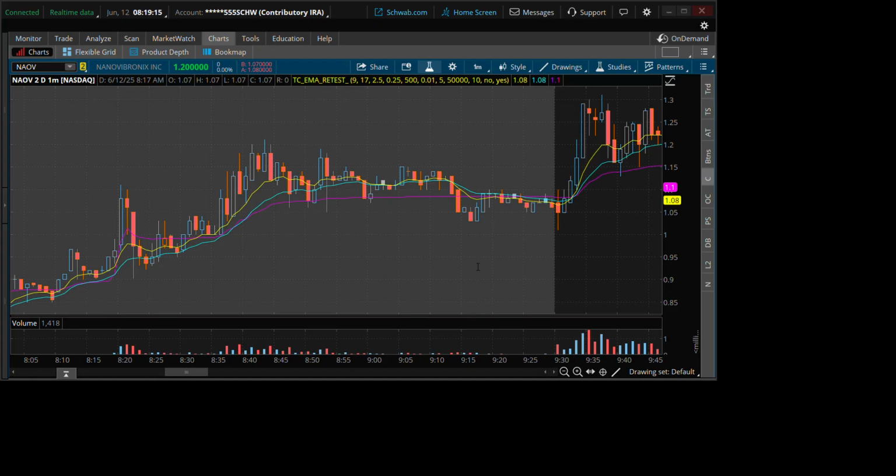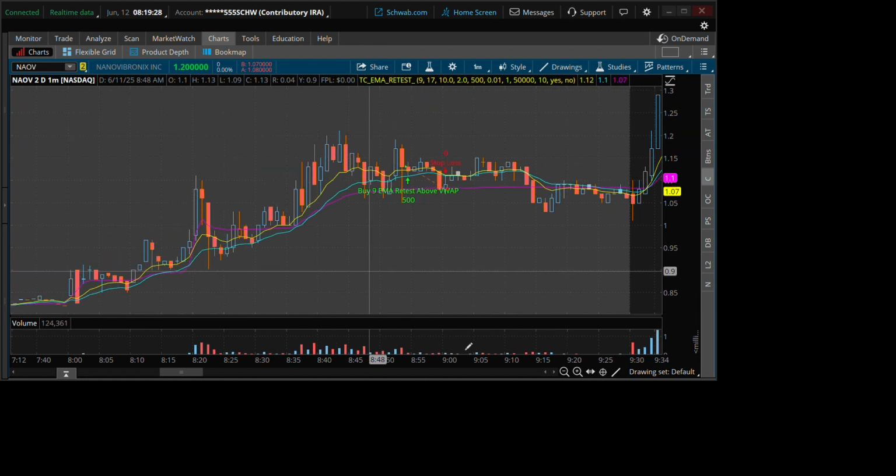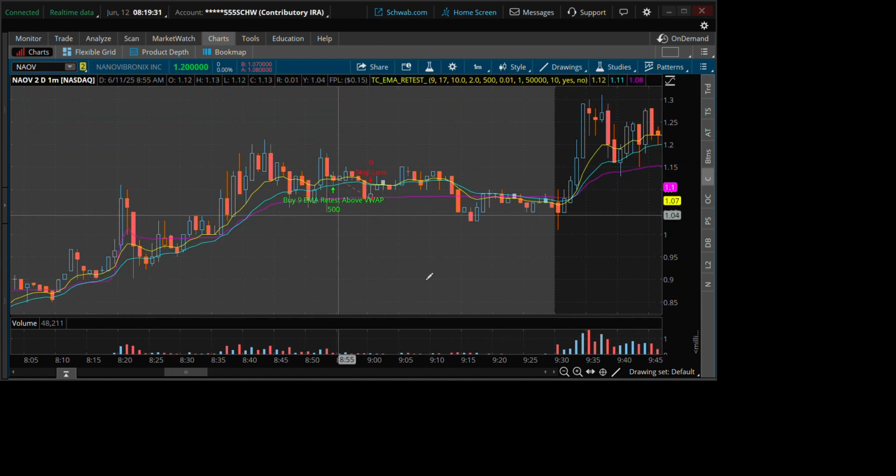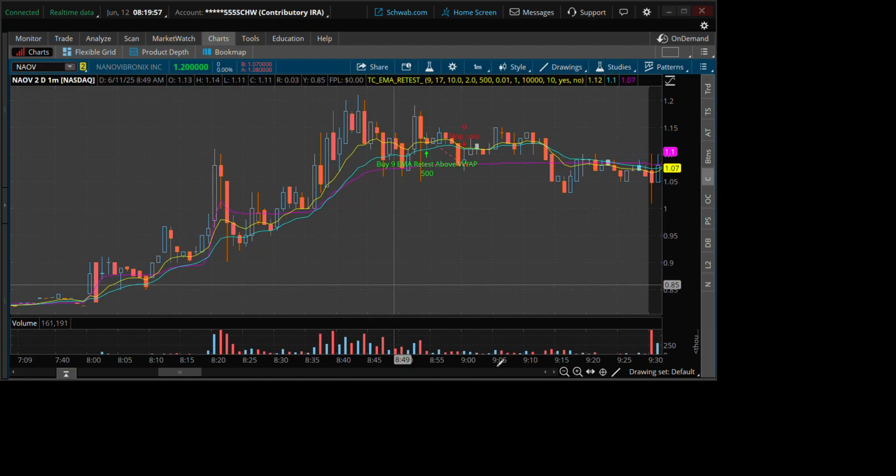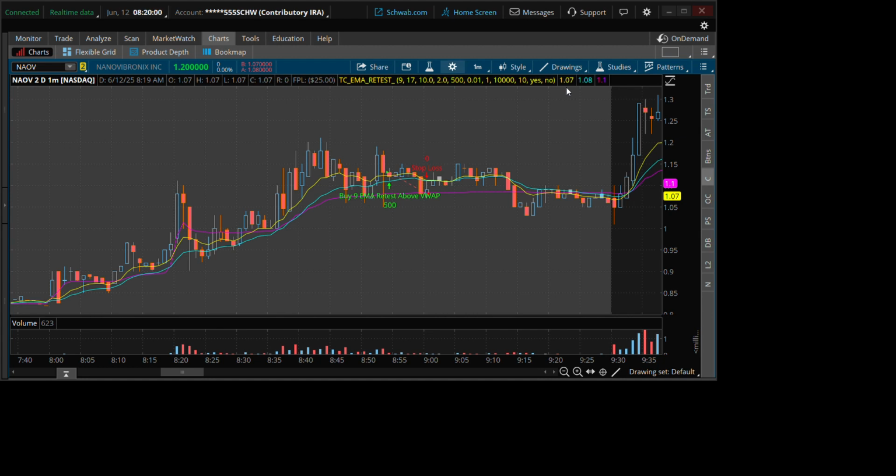Retest range, volume look back, 1 bar, extended hours, yes, no. Okay, what am I doing wrong here?